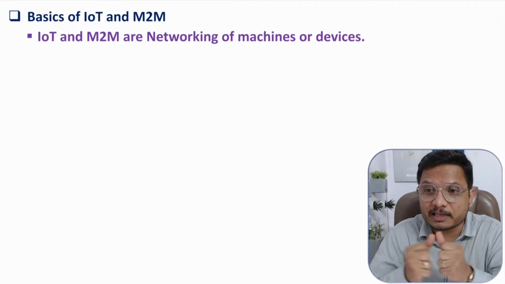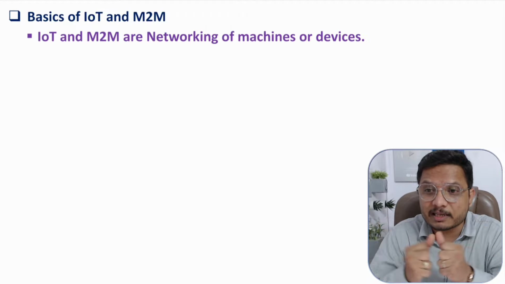M2M has a limited network, or you can say limited application. So for a particular application only, there will be communication between devices, in a closed network, with a dedicated communication channel.